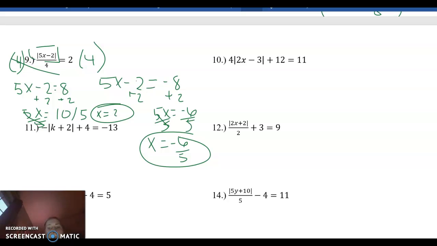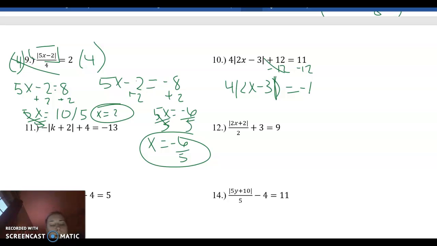Number 10. So we have 2 different things we need to do for this one. First, I'm going to work furthest away from our absolute value, so I'm going to get rid of that 12. I'm going to subtract 12. When I do that, I'm left with 4 times the absolute value of 2x minus 3 is equal to 11 minus 12. It's -1.